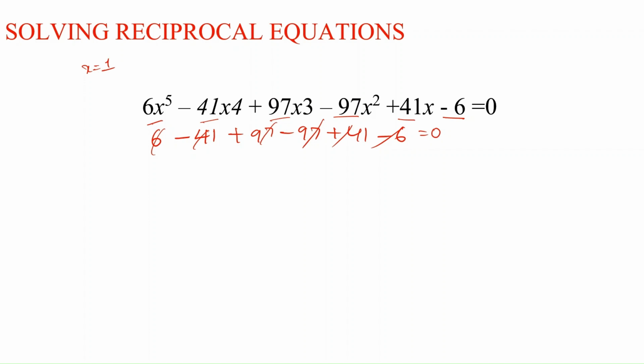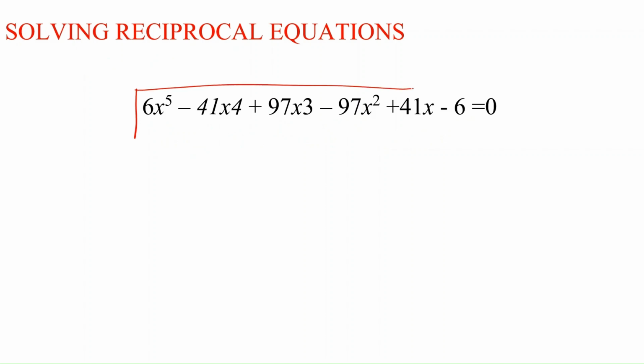In that case, x minus 1 will become a factor. So when we know one factor, first we will try to divide the polynomial by that factor. We will divide this entire polynomial by x minus 1. When x is equal to 1 is satisfying, then x minus 1 is a factor.